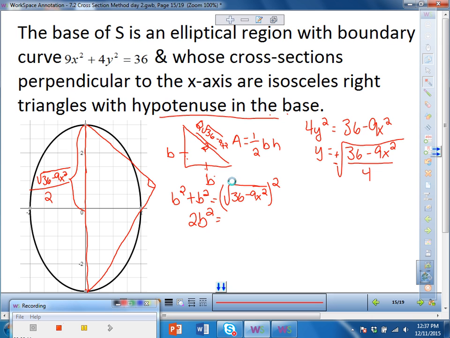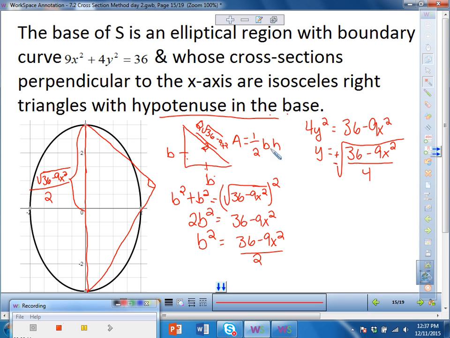Okay, I have to square c. Yes, it's a squared plus b squared equals c squared. All right, so then I get 2b squared is equal to 36 minus 9x squared, once I square that, right? So b squared is equal to 36 minus 9x squared over 2.